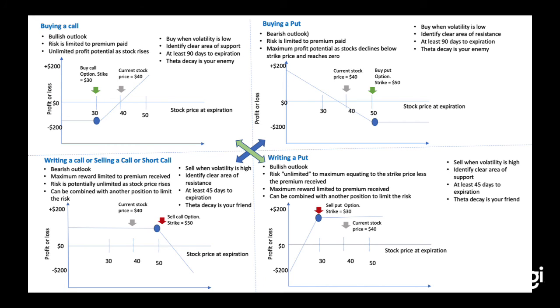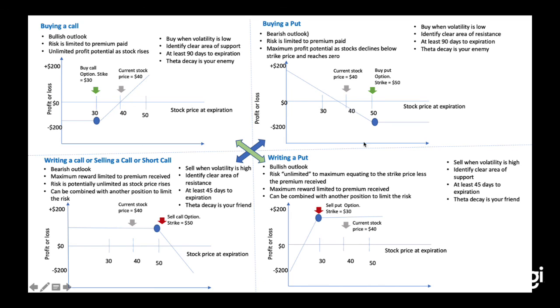And as it is buffering, writing a call works the same way. Here we bought a put at $50, and if you go to writing a call, now we are selling a call at $50. Both are bearish. The main difference is, when you're buying a put, you want the stock to fall all the way to zero, or as low as possible.